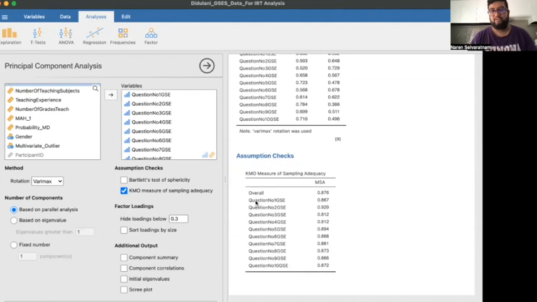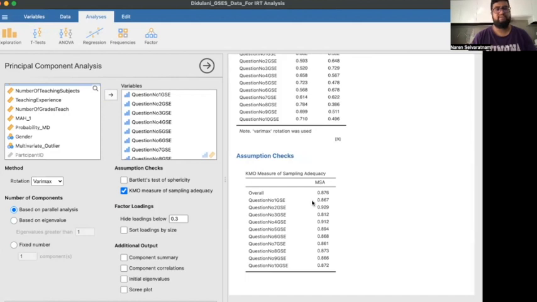Now, this is the KMO index for each item, but the overall KMO index is 0.876. Now, this has to be more than 0.6. Sample adequacy based on KMO index, the resulting value has to go beyond 0.6 to indicate that it is adequate sample size. So this is okay.